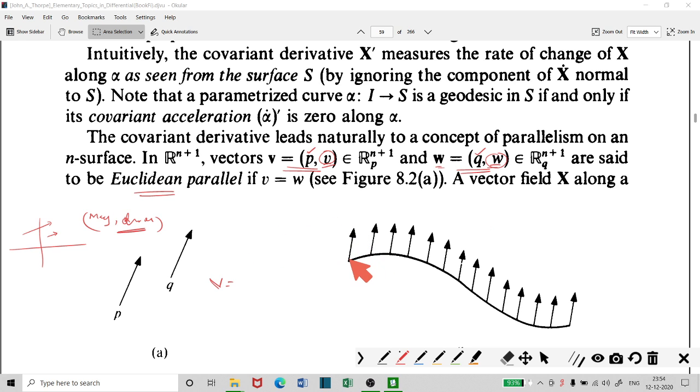So at every point, if this is p1, p2, p3 and so on, with the vector v1, v2, v3 all the same, then (p1, v), (p2, v), all these vectors are Euclidean parallel vectors. This is the definition of Euclidean parallelism.